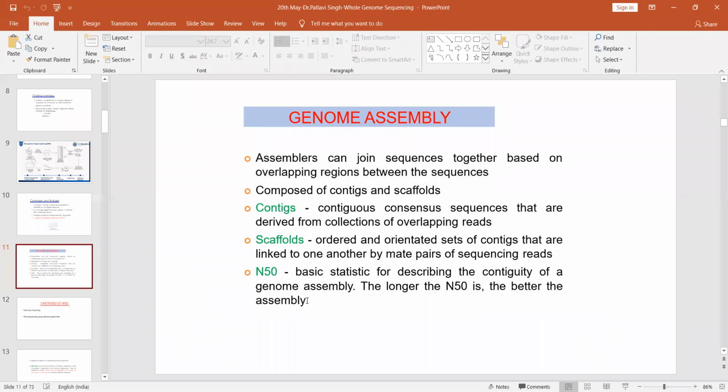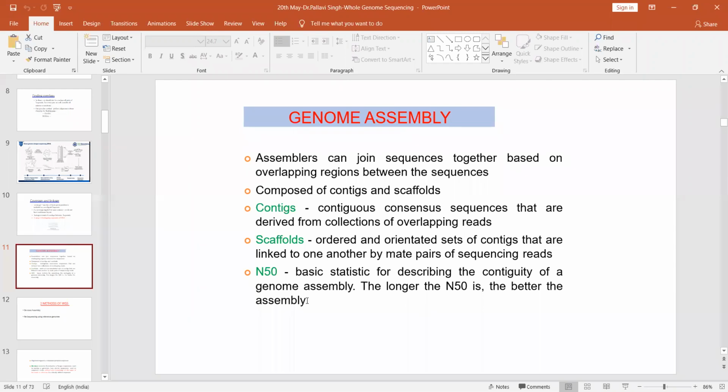A scaffold is an ordered and oriented set of contigs that are linked to each other by mate pairs of the sequencing reads. What I mean by this is that those contigs are joined together using adapters. When you see that certain contigs are very small, you ligate them. You make a bigger portion, and that is known as a scaffold.